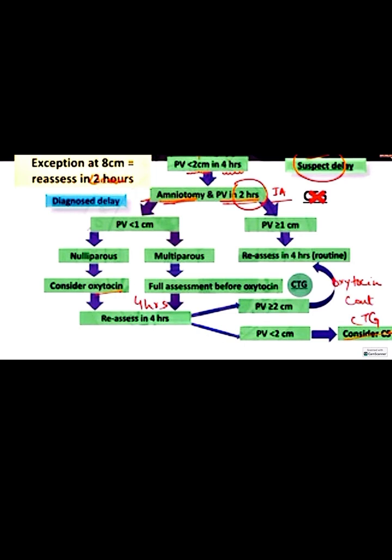Consider oxytocin, with full assessment before oxytocin in multiparous. In that case, you have to assess the contractions. They have said consider oxytocin, they haven't said that you will offer it. Because if the contractions are adequate and still the progress is less than 1 centimeter, then you will not consider oxytocin, because if you start oxytocin, there will be hyperstimulation.